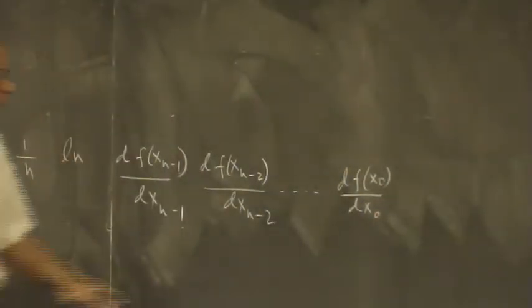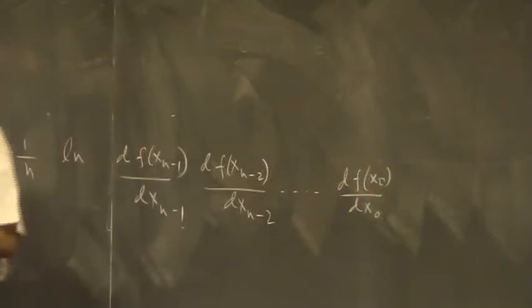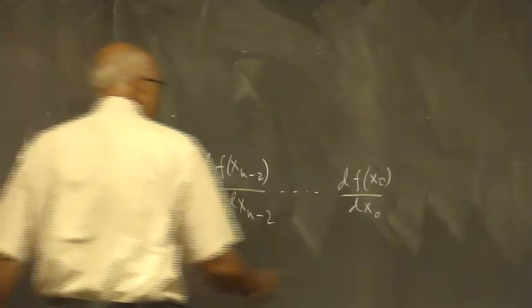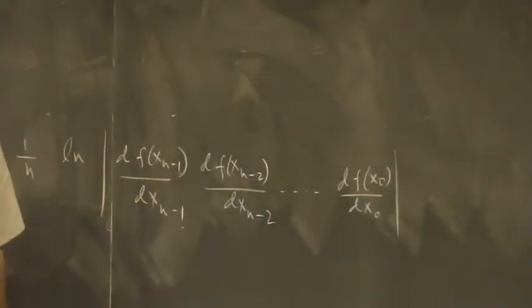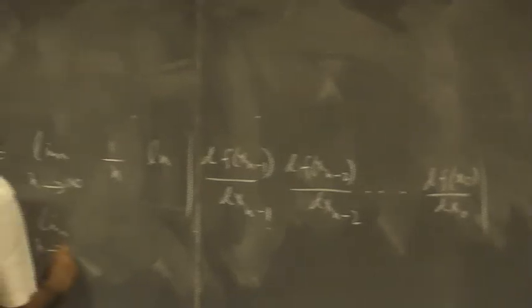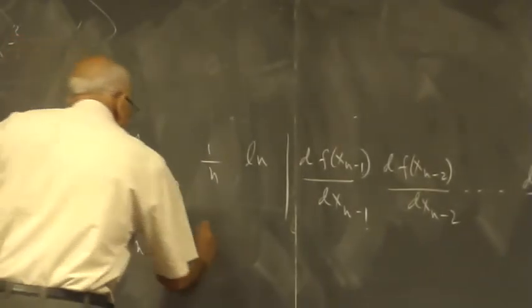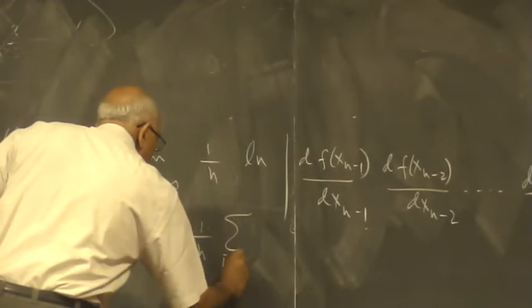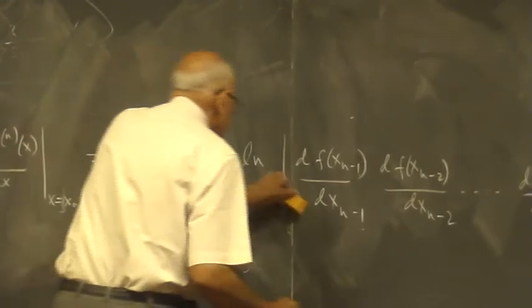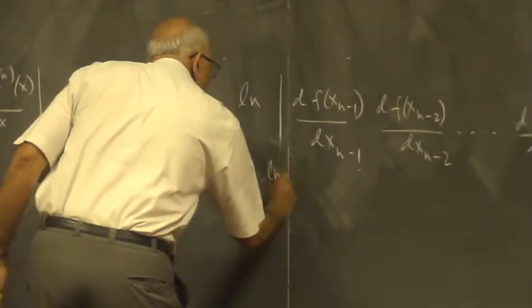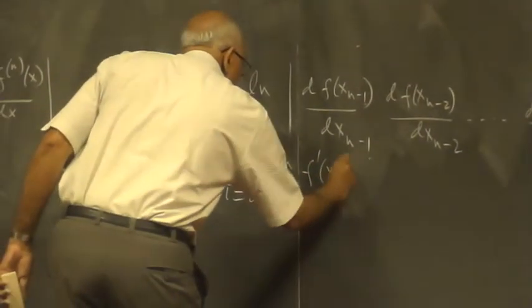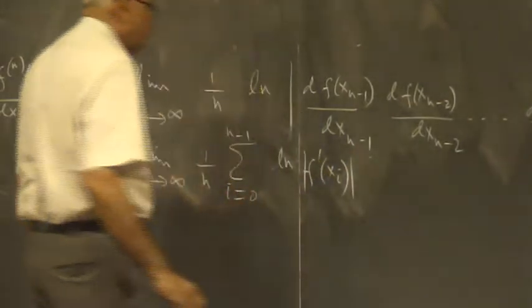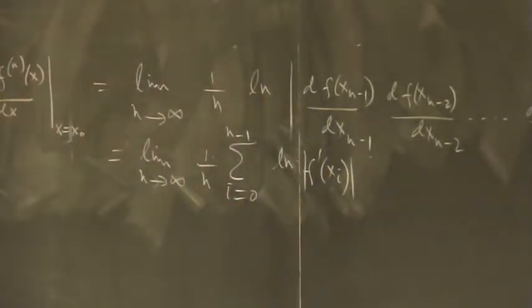I've used Leibniz notation. By this I mean the derivative of this function at the point x0. So that's log of a product. So this is equal to limit n tends to infinity 1 over n summation from i equal to 0 to n minus 1 of log modulus f prime of xi, over this orbit.